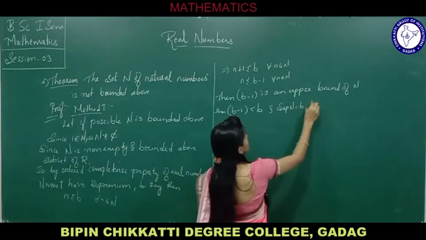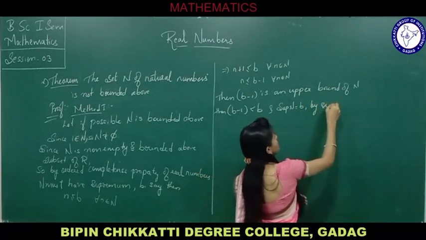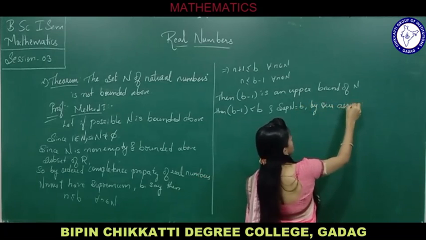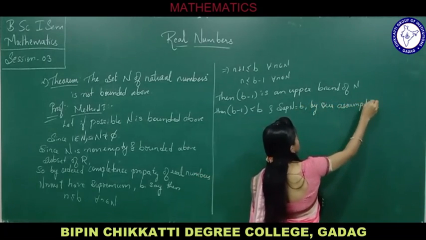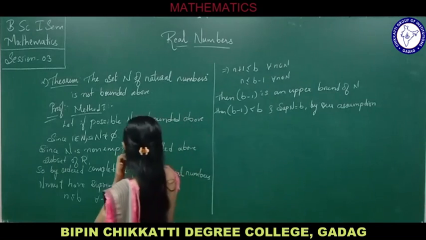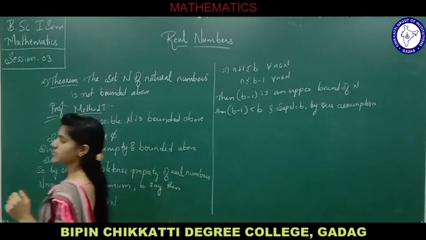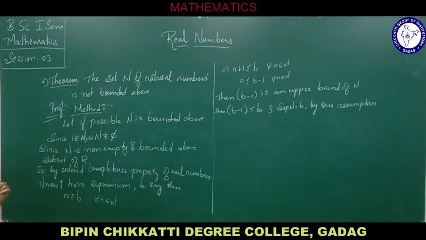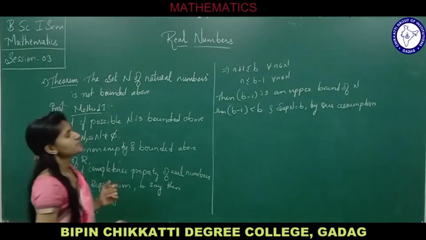By our assumption. Yes or no? What we had said? B be the supremum, say, then supremum of N became B. So we get an upper bound of N which is less than B. So now what we got?